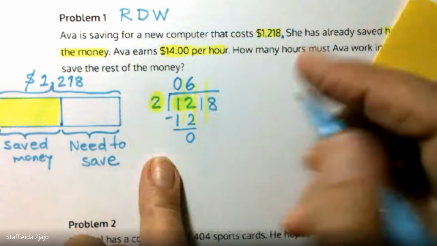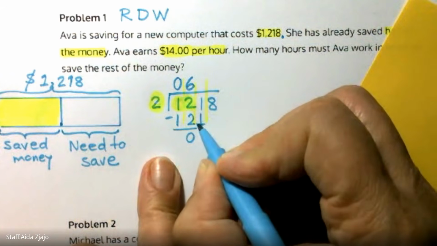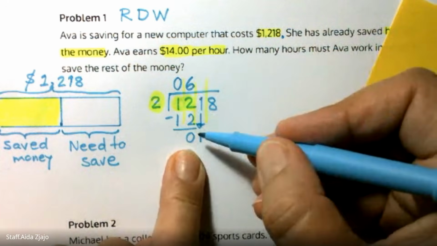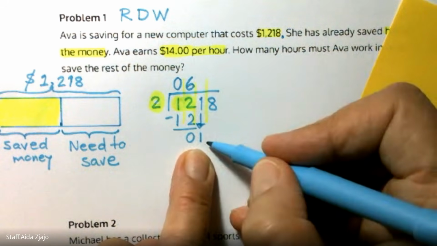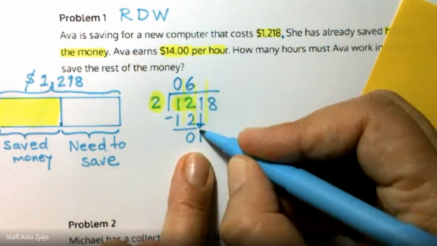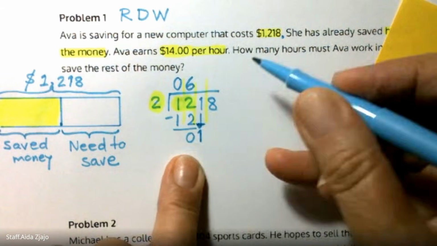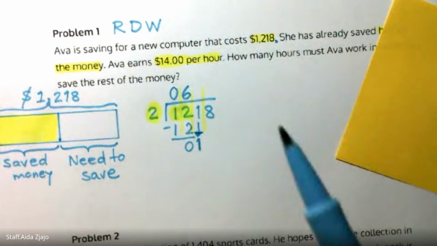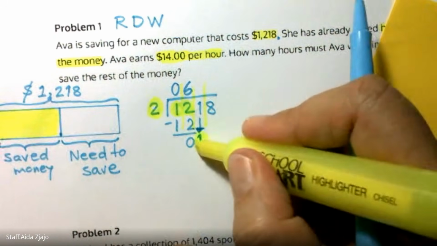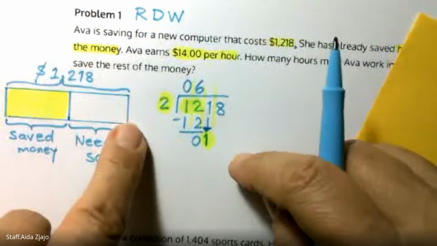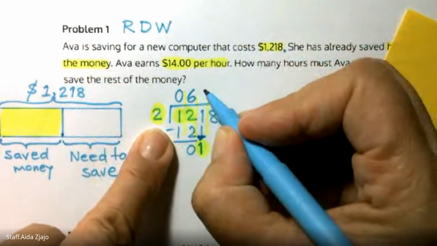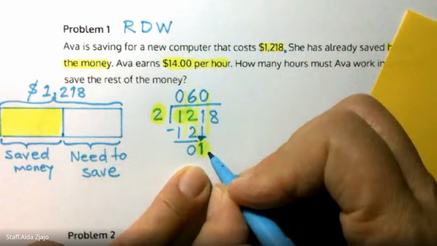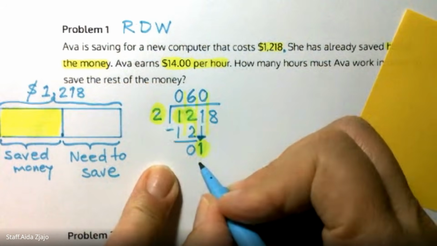But we are not done. We bring down the next digit. You have 200 and now you have one more 10. Once again, you only have 1 and you need to make groups of 2. So there are 0 groups of 2 in the 1. 0 times 2 is 0.